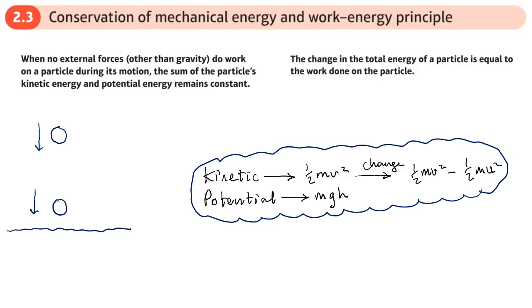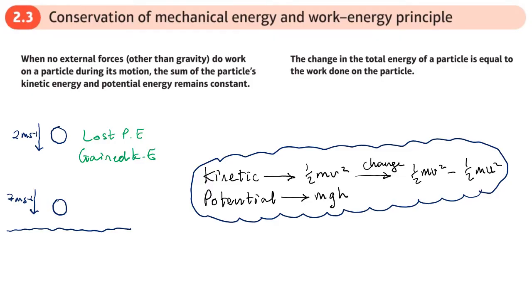Let's say at this point the velocity is 2 meters per second, and then here it's 7 meters per second. Because it's dropped in height, it has lost potential energy because it's now lower, but it's gained kinetic energy because it's got faster.